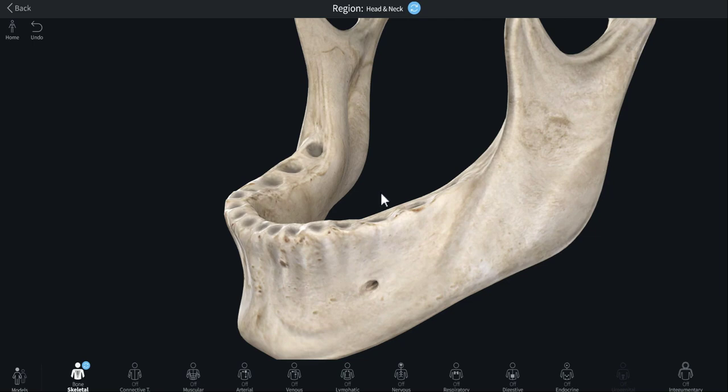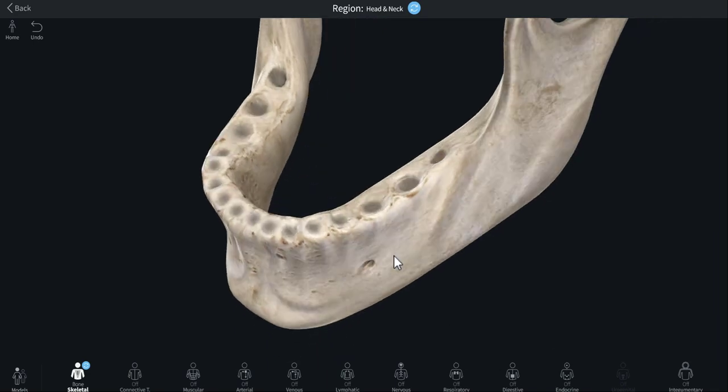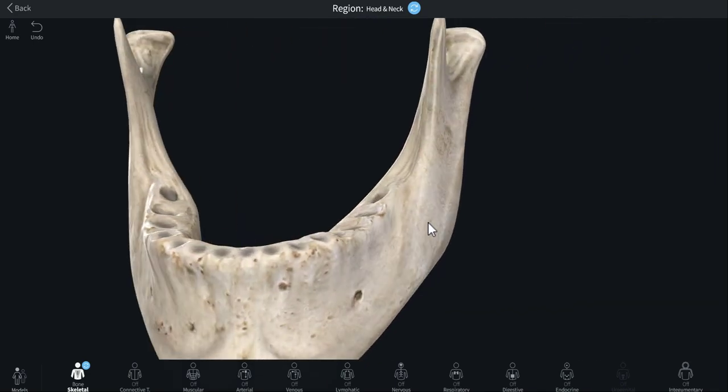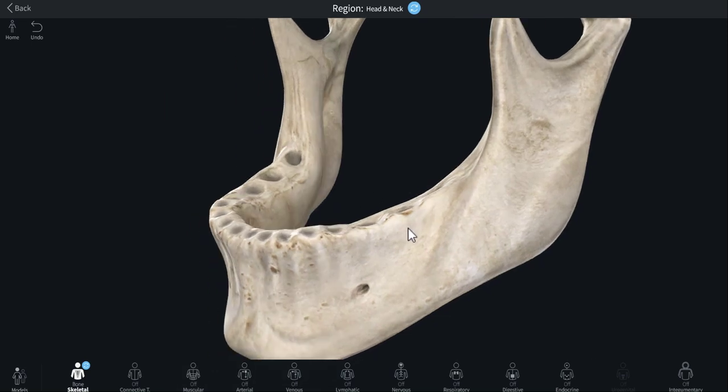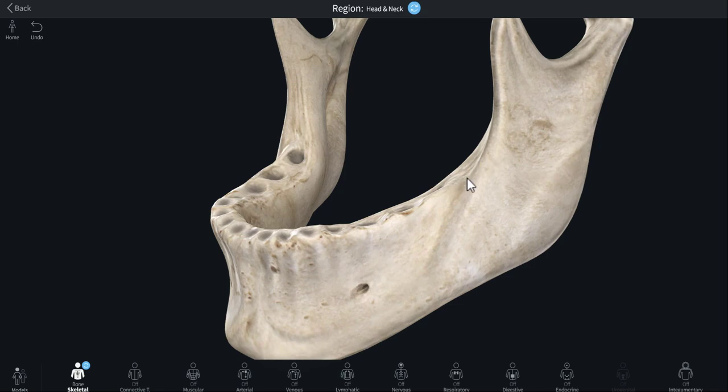Buccinator is a very important muscle, and when we will be studying the face muscles and the face as a whole, we will see how important this muscle is. So for now, since we are more concerned about the osteology and mandible as a whole, we will just leave it at this: the oblique line is providing attachment to buccinator along the last three molars.